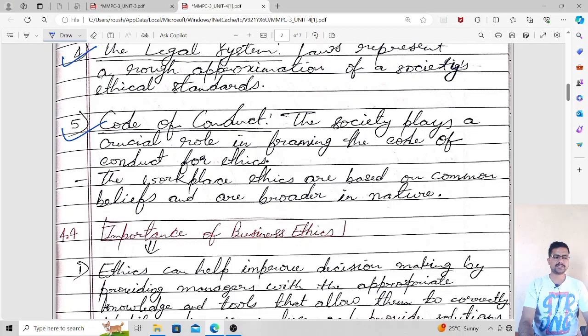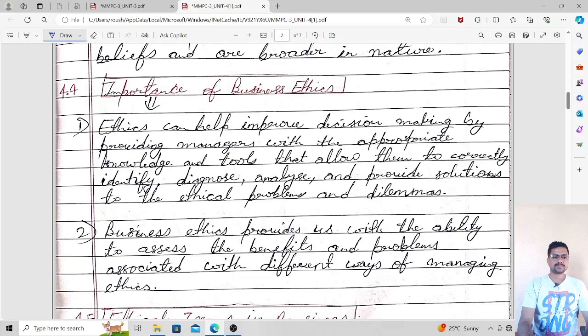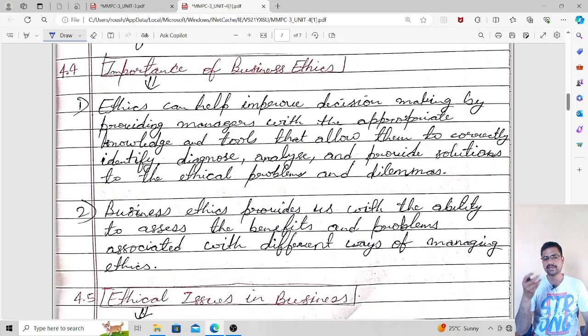Importance of business ethics. The first importance is that ethics can help improve decision making by providing managers with the appropriate knowledge and tools that allow them to correctly identify, diagnose, analyze, and provide solutions to ethical problems and dilemmas.